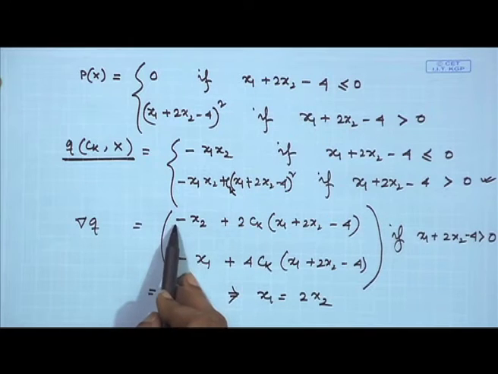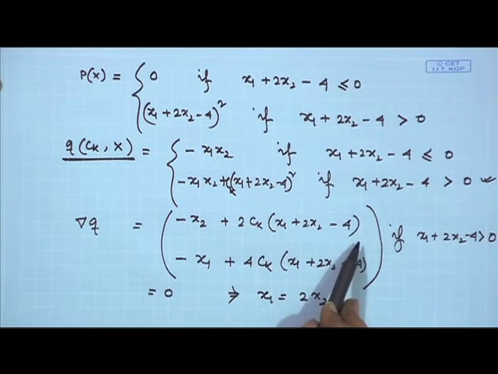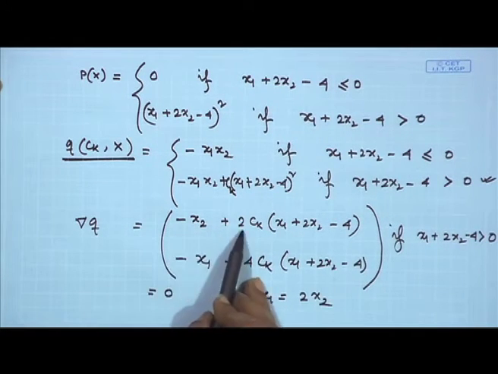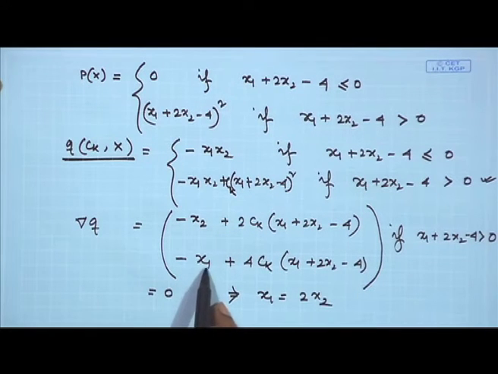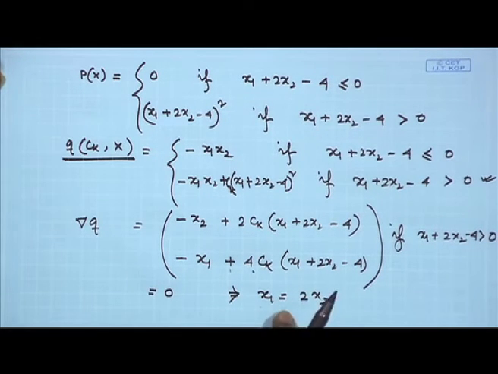If we multiply this one by 2, it will be minus 2x2 plus 4 Ck, and this is minus x1 plus 4 Ck. If we equate, both will cancel and we will get x1 is equal to 2x2.